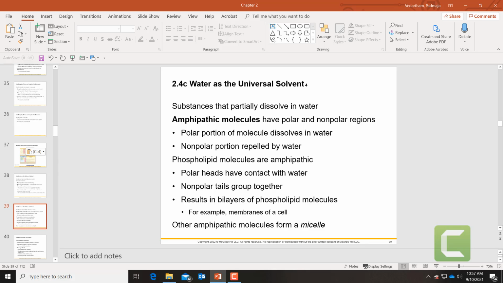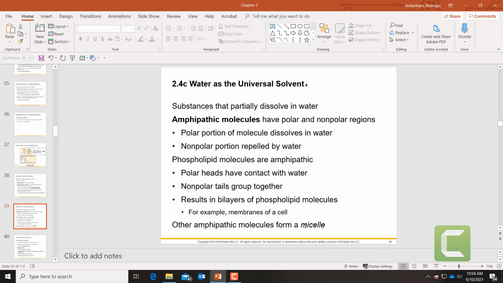Phospholipids make the plasma membrane, and the plasma membrane or any membrane for the organelles is made up of a lipid bilayer. When we're talking about the bilayer, the polar heads are facing the water. There's water everywhere in our body, inside the cell and outside the cell. So the polar heads are in contact with water, and the nonpolar tails face each other. This results in a bilayer of phospholipids, as in the membranes of the cell.